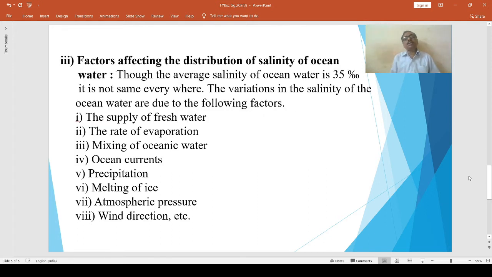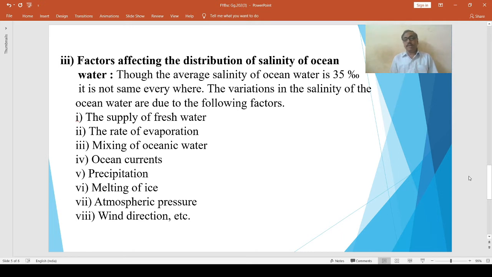Then the factors affecting the distribution of salinity of ocean water. Though the average salinity of ocean water is 35 per thousand, it is not the same everywhere. The salinity of ocean water changes from place to place. The variations in the salinity of ocean water are due to some factors.